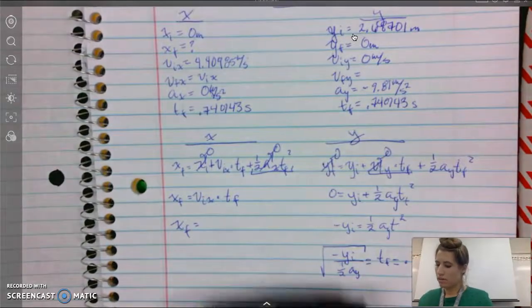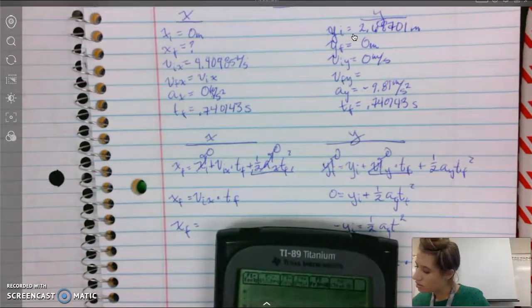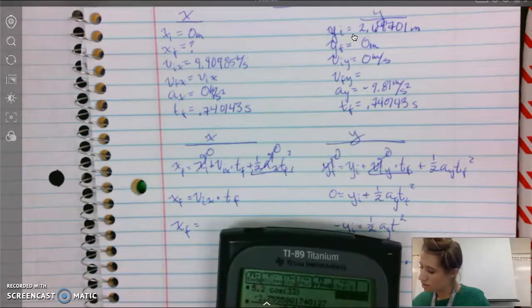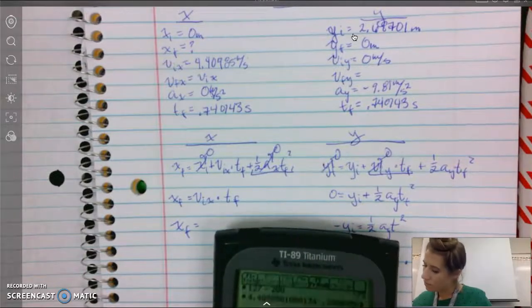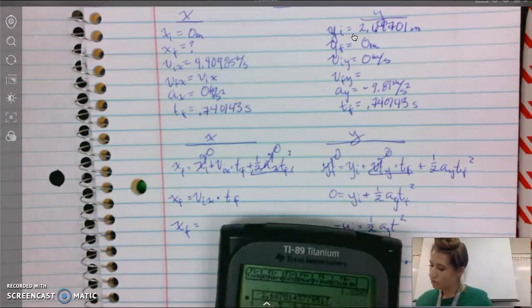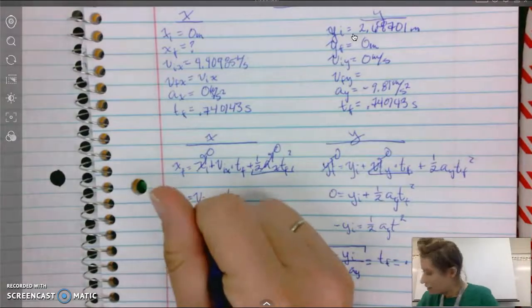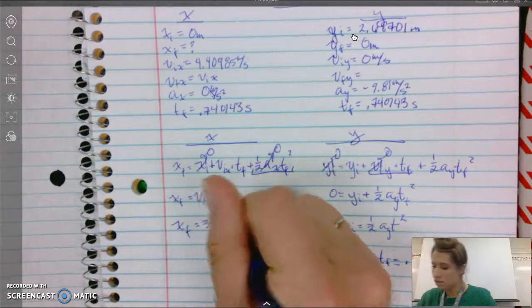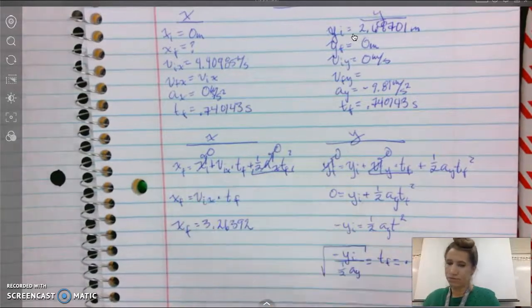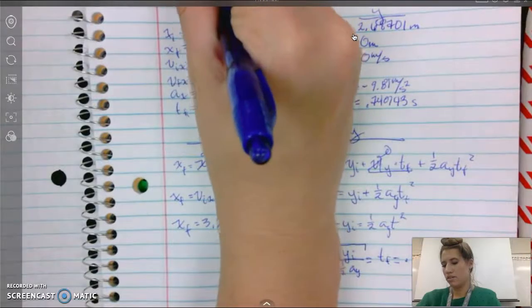I'll take that 4.4 velocity initial number and multiply it by the time final number. And so x final for the second half is 3.26392 meters. Again, reminder, that is for the second half.